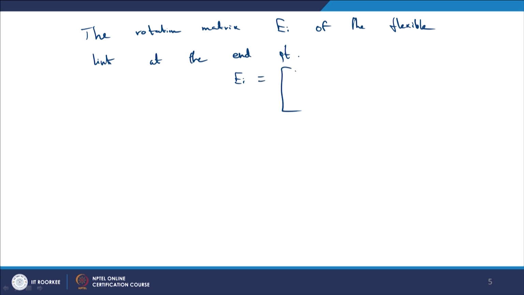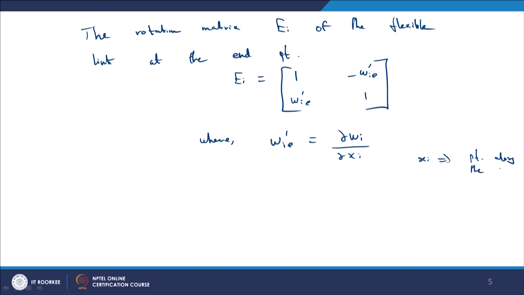Likewise, the rotation matrix Ei of the flexible link at the end point is given by Ei equal to [1, minus Wi_e prime; Wi_e prime, 1], where Wi_e prime is equal to the partial derivative of Wi with respect to xi, and we know that xi is a point along the link length.